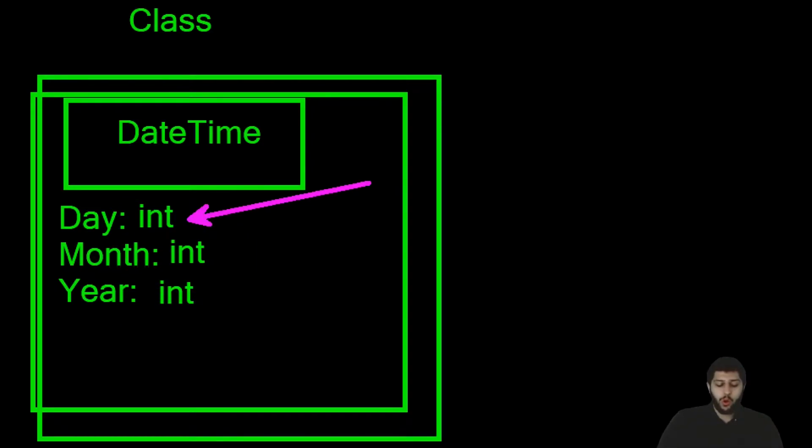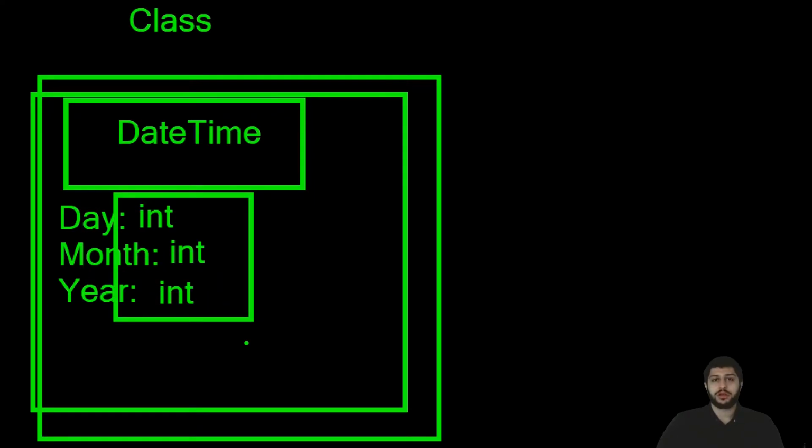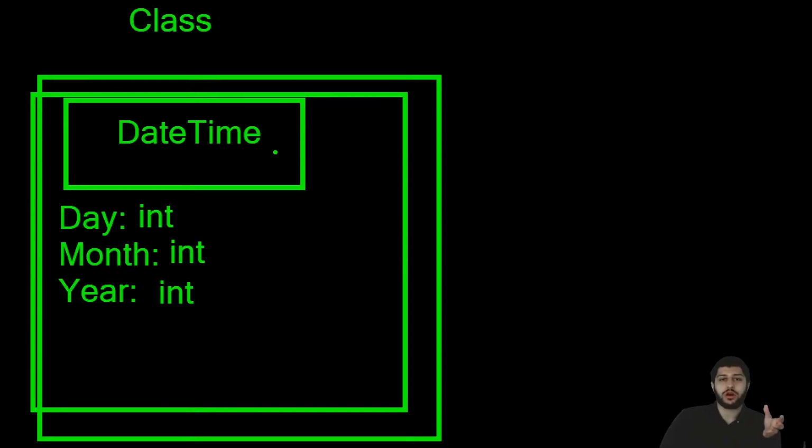So we know that if we want to create a datetime object, we would need 3 integers. It doesn't matter what these integers are, we just need 3 integers. It is mandatory that we have them because this is the template. We need to follow the instructions, the specifications of the template.